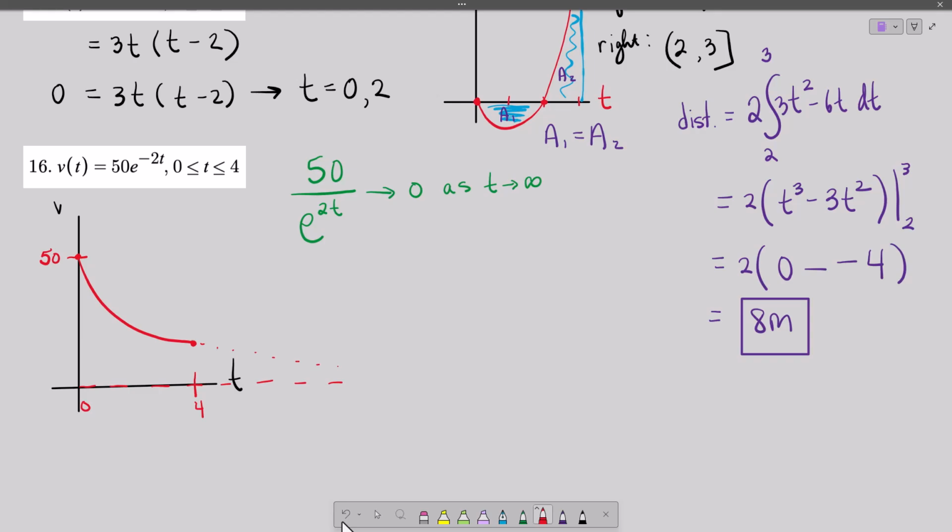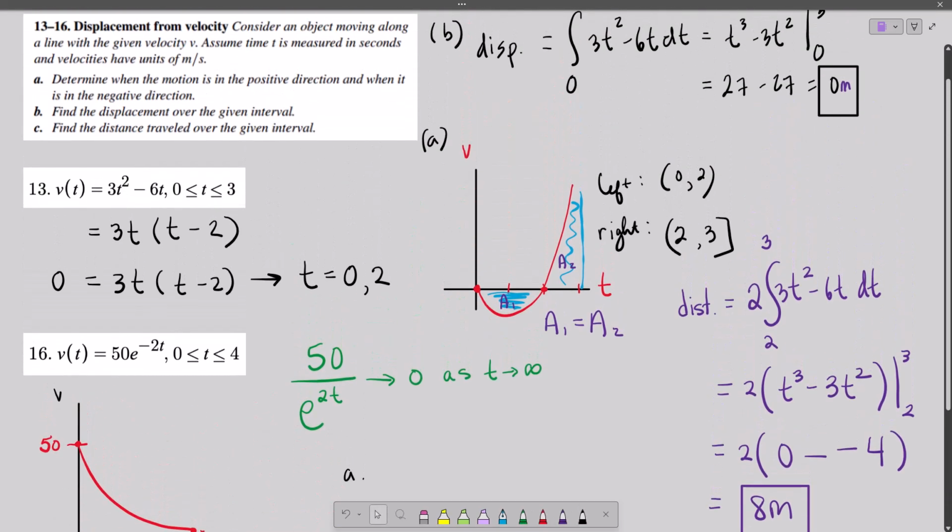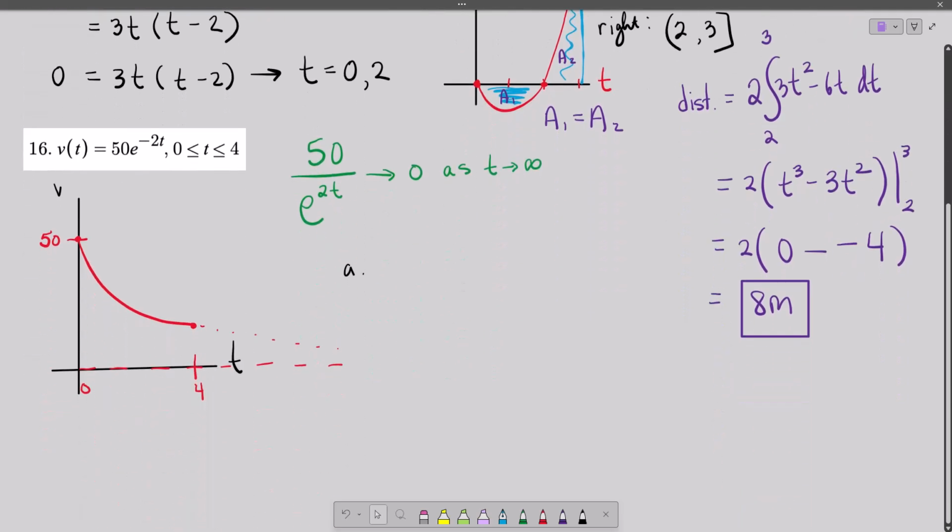So that tells us that in part A, which I forget exactly what the question was. Okay. So it's moving right always, because it's never negative.